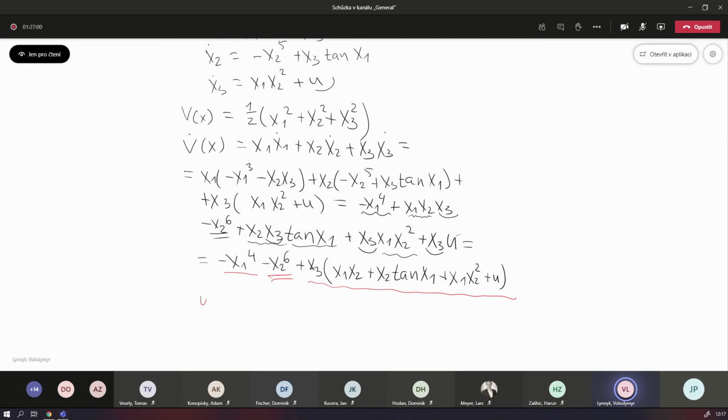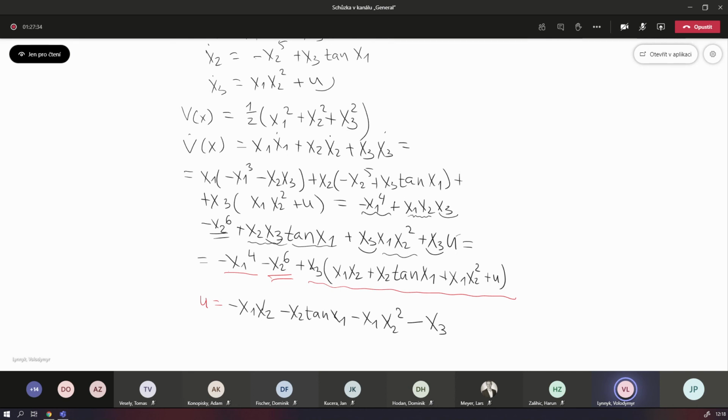We design this u equal to, and now cancel all these terms: minus x1 x2, minus x2 x1, minus x1 x2 squared, and the last one is minus x3.